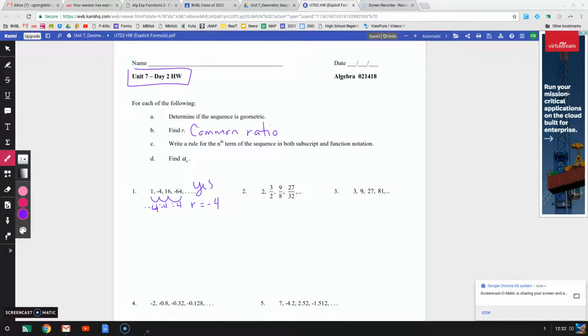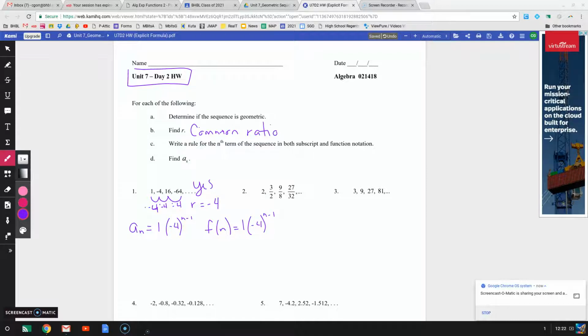Since this is a geometric sequence, I'm going to write out my geometric formula. So my a sub n equals my a sub 1 value times my common ratio raised to the n minus 1 power. In function notation, f of n equals 1 times -4 to the n minus 1 power.